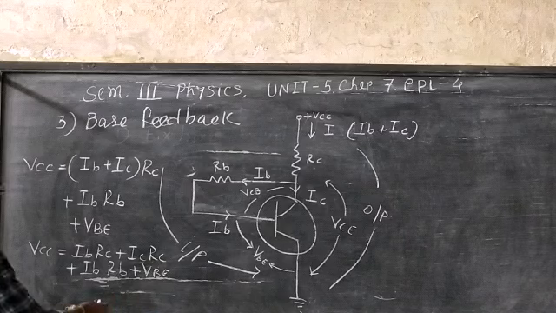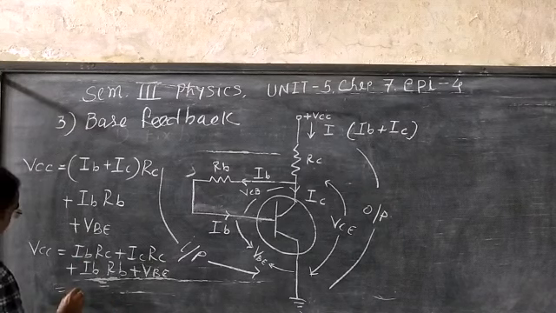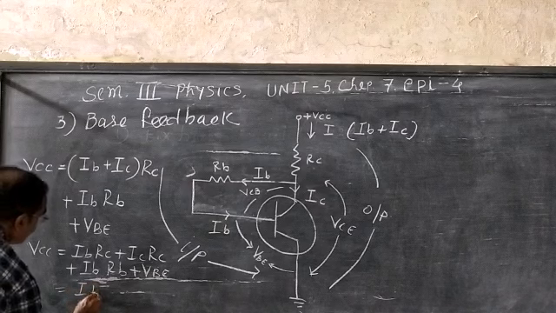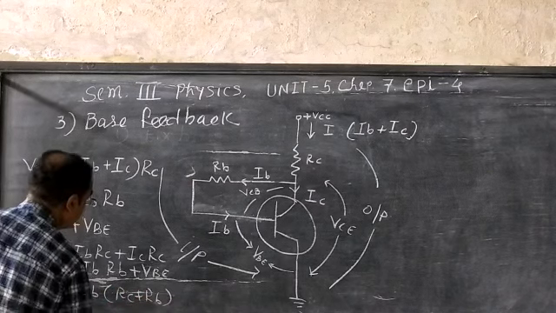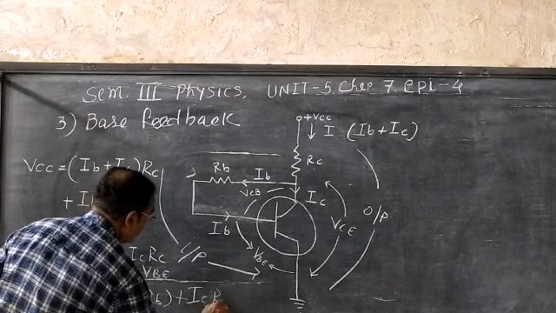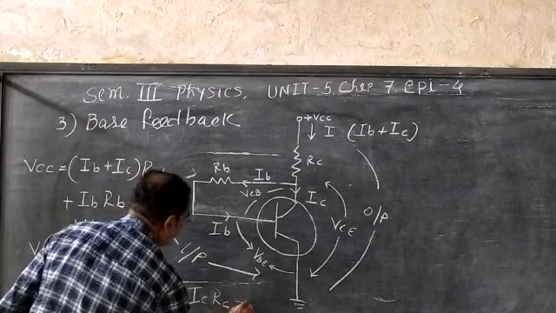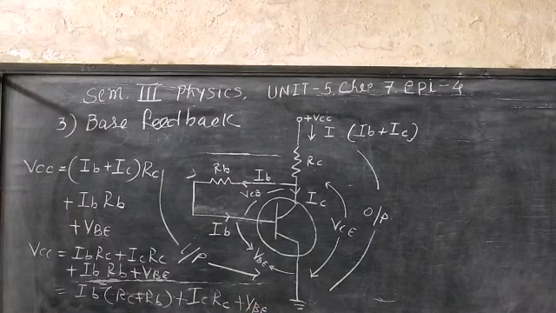So we have cleared the equations and we want the value of IB. So let us do one thing: IB is common, in brackets RC plus RB, plus IC RC plus VBE.